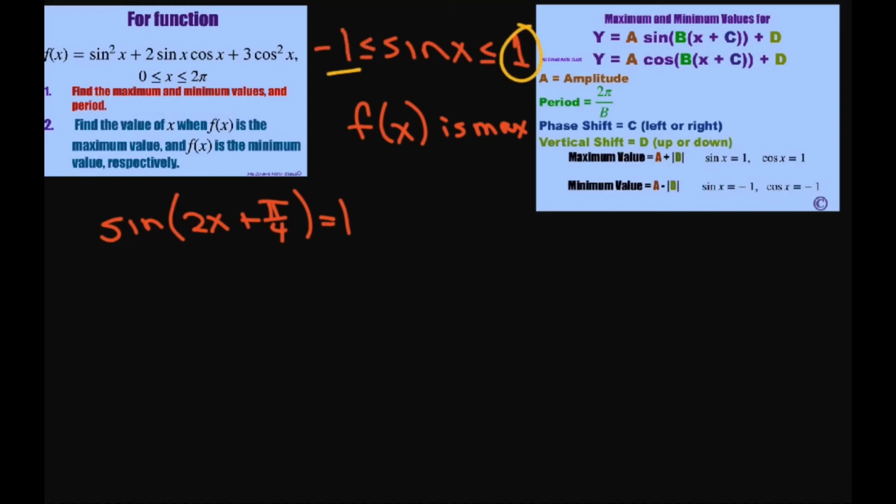All right, so therefore we're going to set the argument 2x plus pi divided by 4 equals, and when sine of x is 1, that's going to be pi divided by 2.